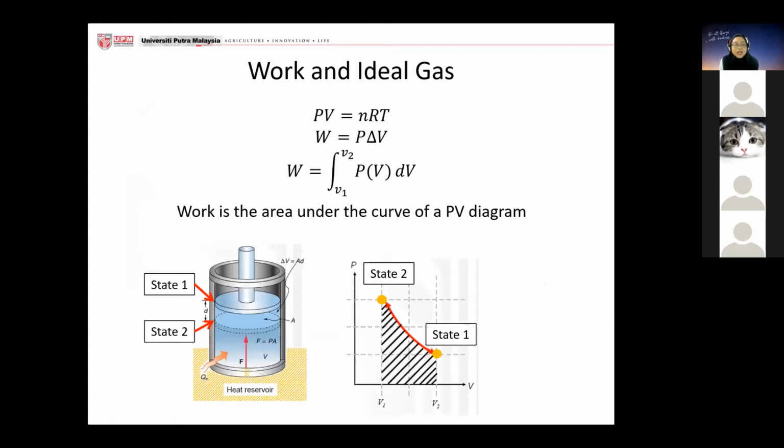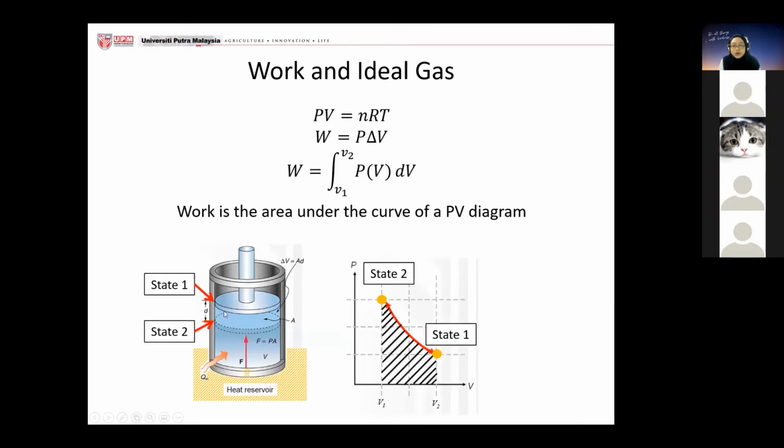All right, now let's look at the PV diagram. In a PV diagram, P is the vertical axis and V is the horizontal axis. From here you can actually calculate W of any system. Imagine the example just now.